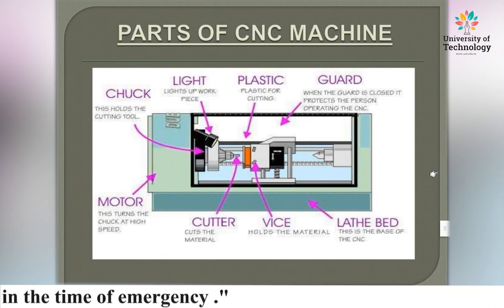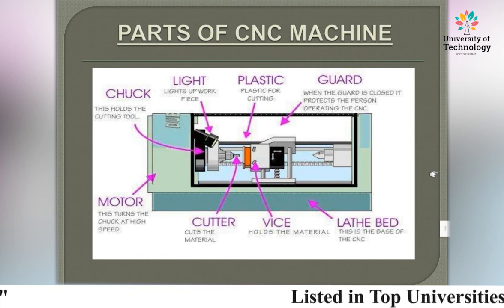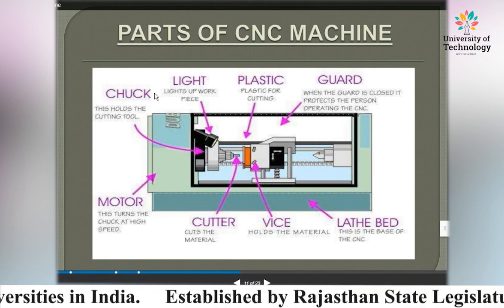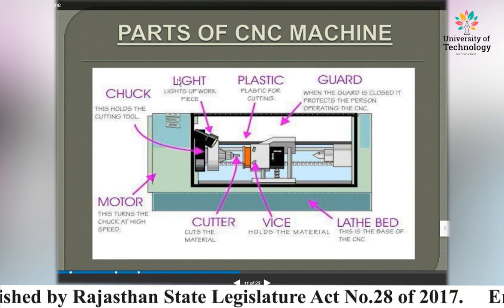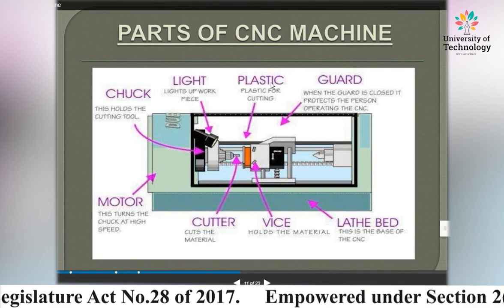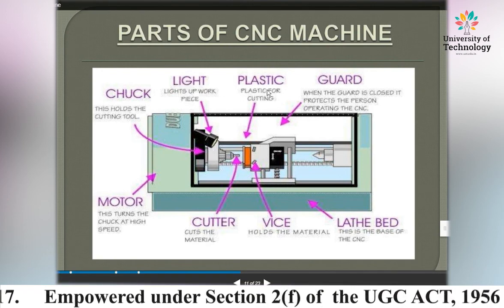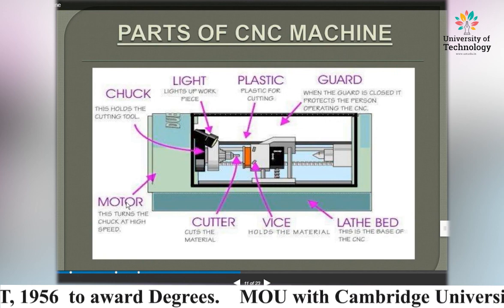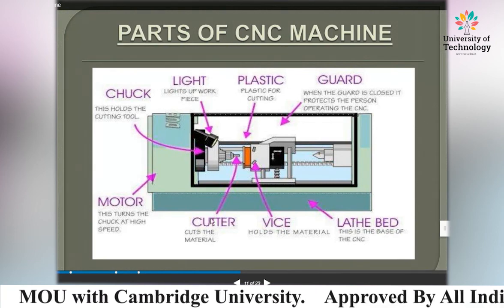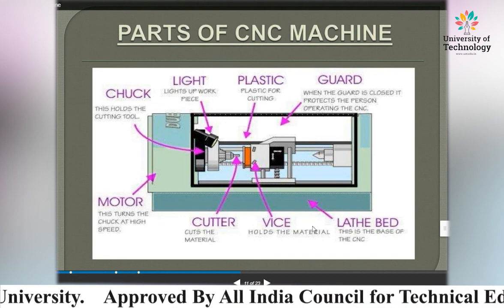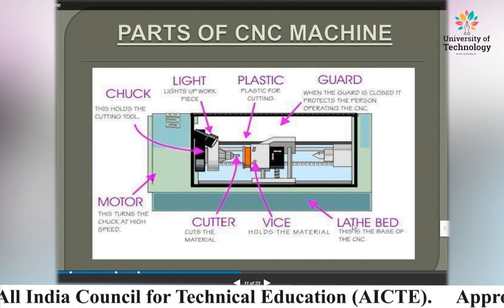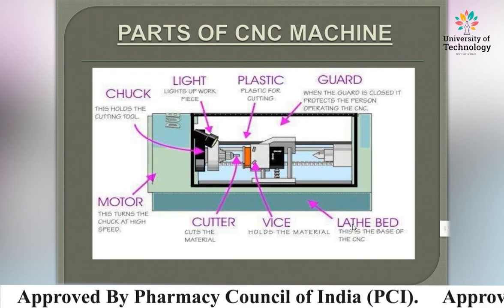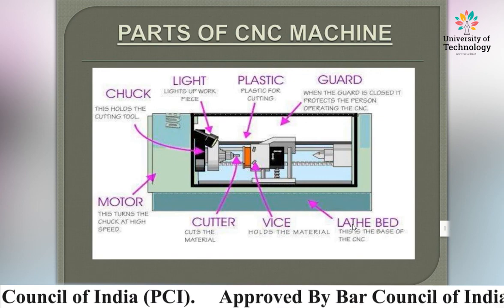The basic parts of the CNC machines we can see in the slide: the chuck, which holds the workpiece, the guard, the motor, electric motor or power supply, and the cutter, vice, lathe bed, etc. All these are parts of the CNC machines as per conventional lathe machines.